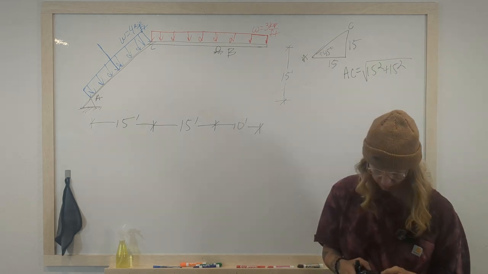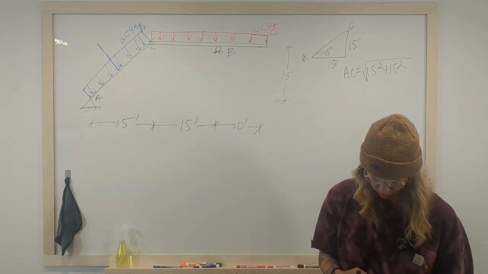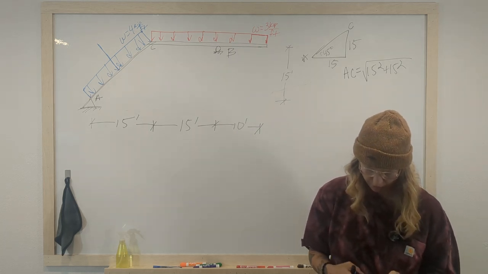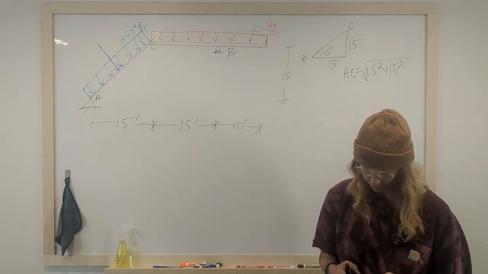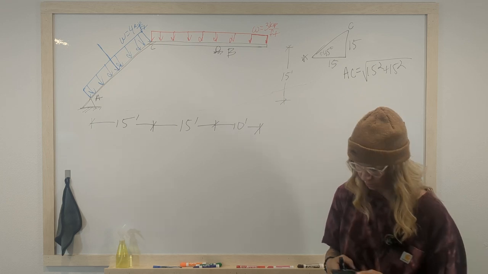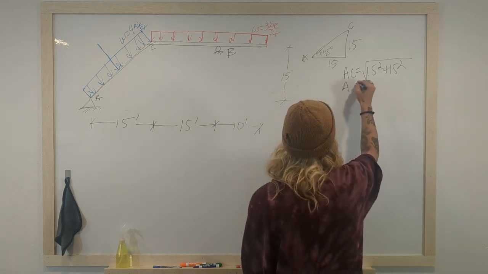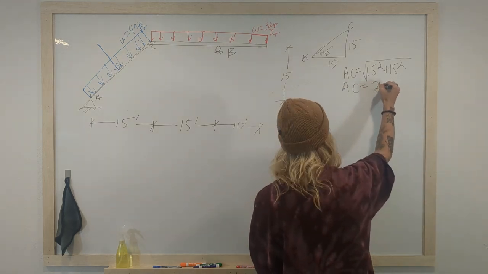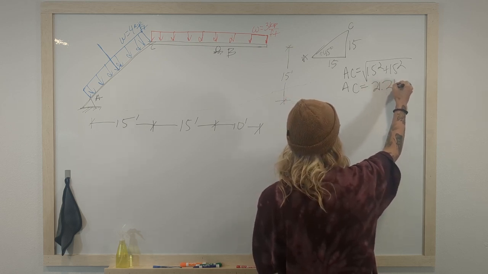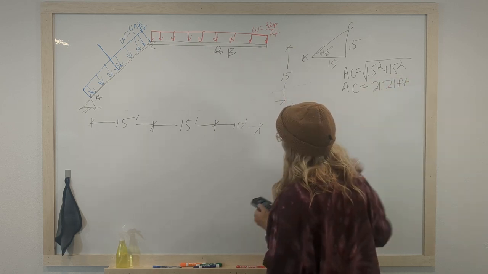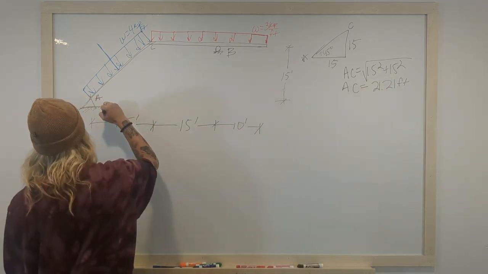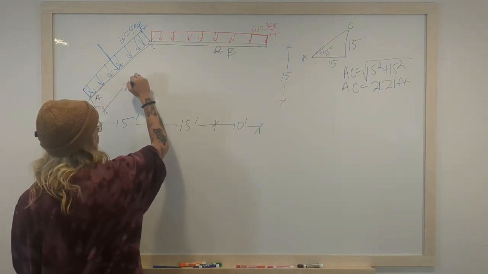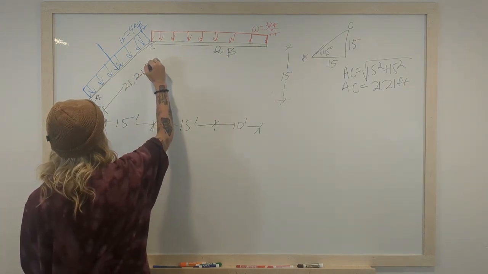So 15 squared plus 15 squared, square root that. 15 square root of 2, let's convert that to 21.21 feet. Let me come over here, I'm going to add that. 21.21 feet.